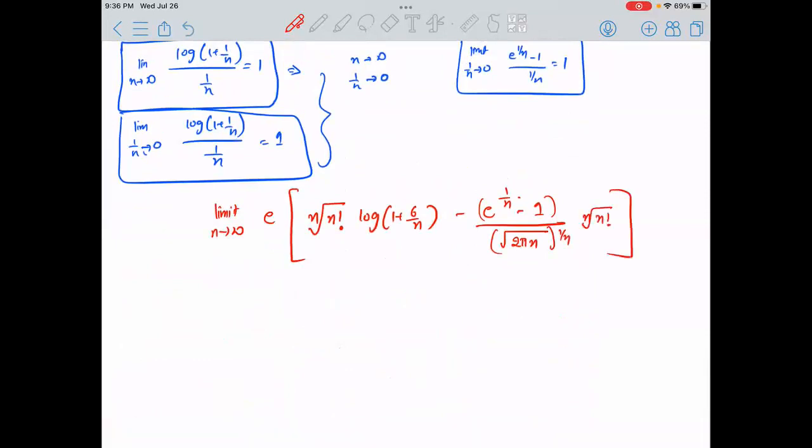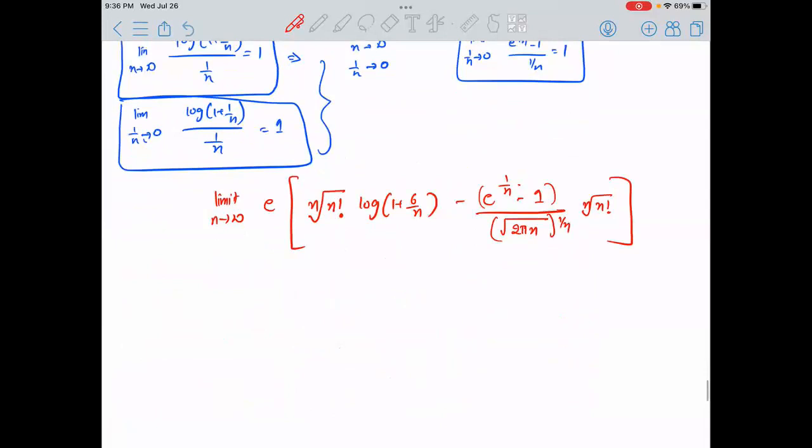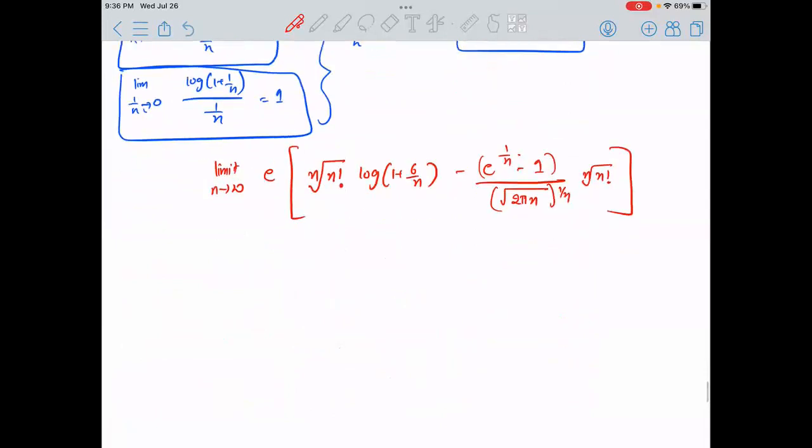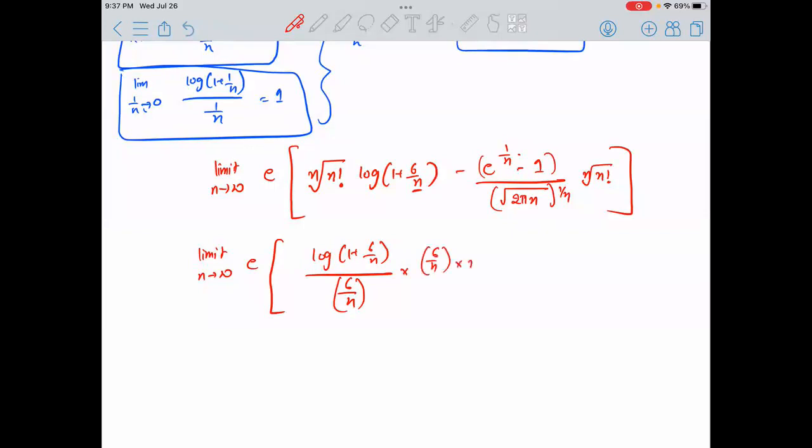Agree? Now limit n tends to infinity of e into log(1 plus 6 by n) divided by, what is missing here, 6 by n. I'm multiplying 6 by n and then into n root n factorial. Agree?